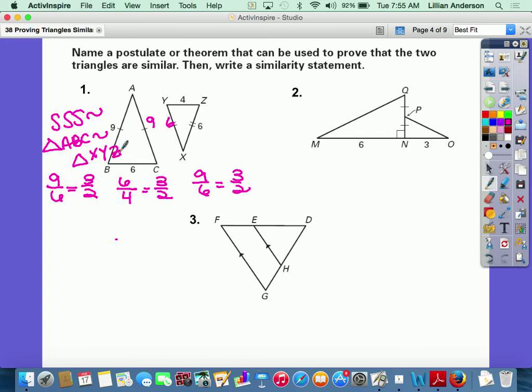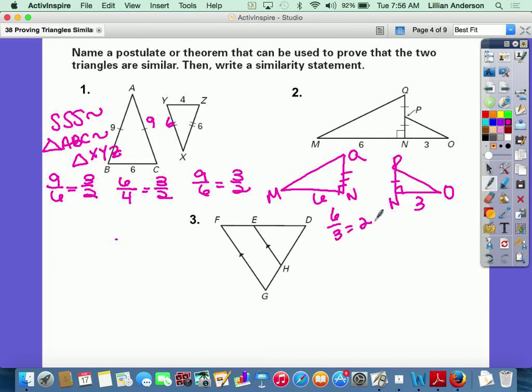Number 2, this looks like it could possibly be side angle side. Let me go ahead and separate these two triangles so that way we can see it a little bit better. Okay? Let's see, 6 over 3 equals 2. And this side right here, even though they don't have any actual markings, I'm going to make some up just to prove my point.